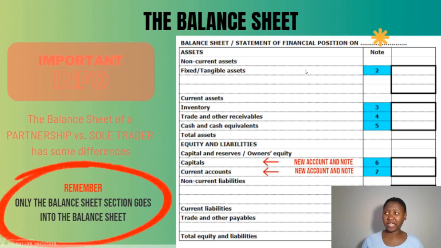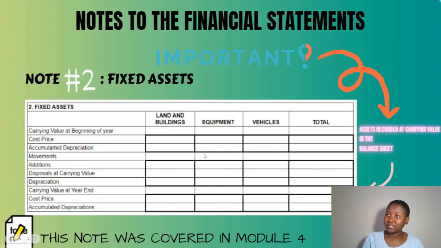So now I'm sitting there and there is no fixed or tangible asset note, but I am supposed to fill this in. Usually the fixed asset note looks like this. As you know, it always starts with the cost price at the beginning of the year, and then you minus your accumulated depreciation, and then you get what? The carrying value at the beginning of the year.